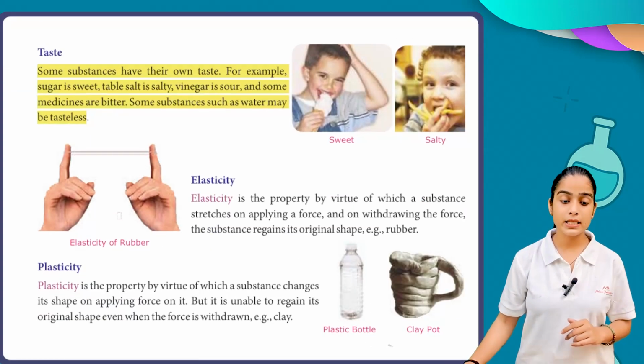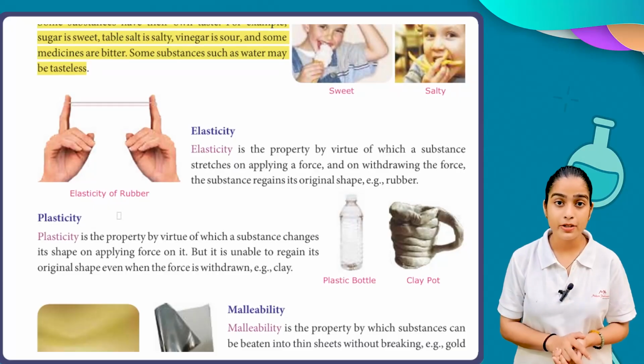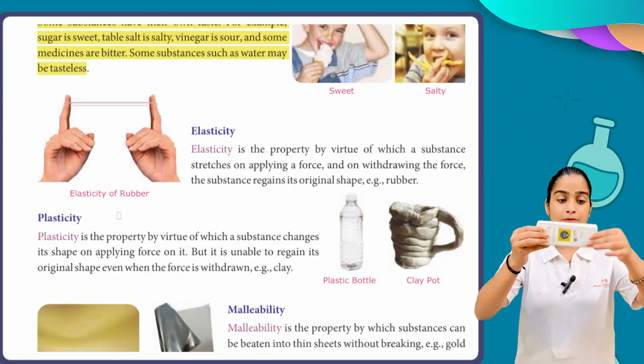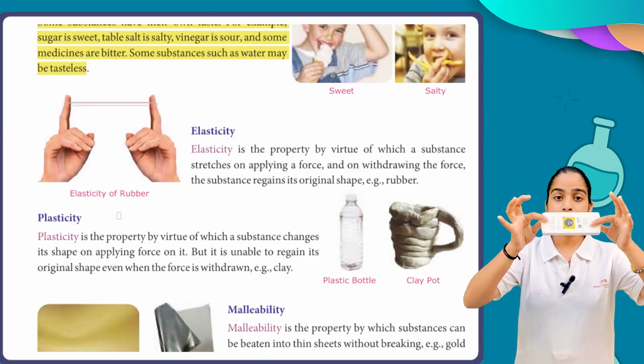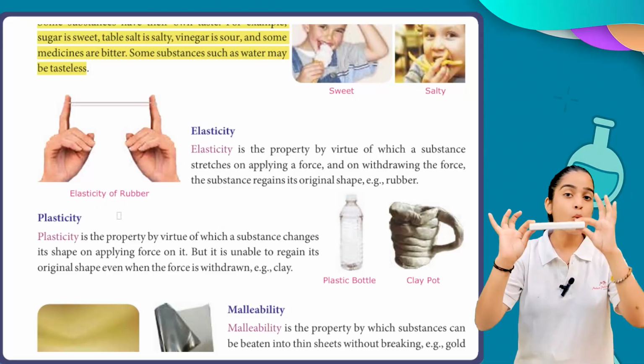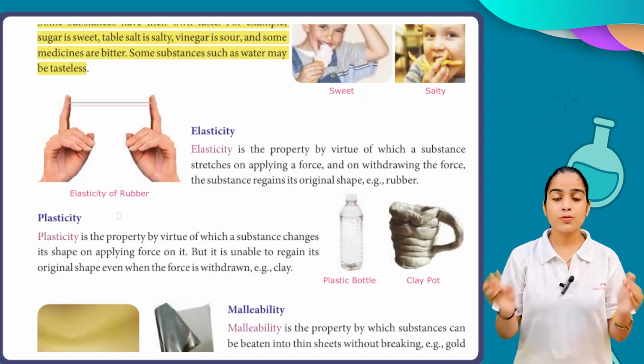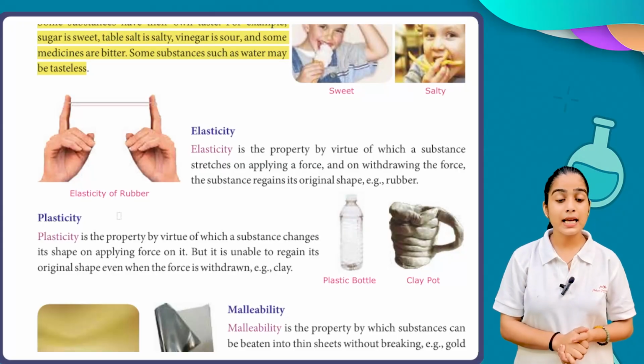Now, elasticity. How can we classify matter on the basis of elasticity? For example, this is an AC remote. If I stretch it, it cannot change its shape. It means it has no elasticity. Those things which change their shape on stretching, that is referred to as elasticity.